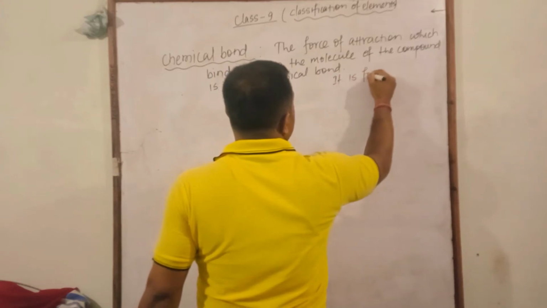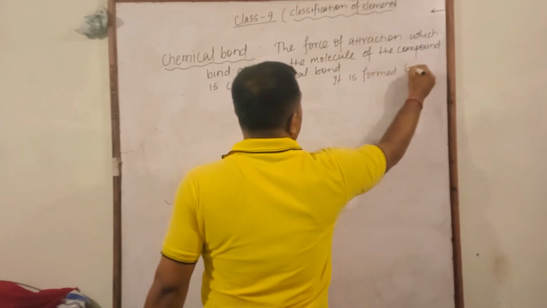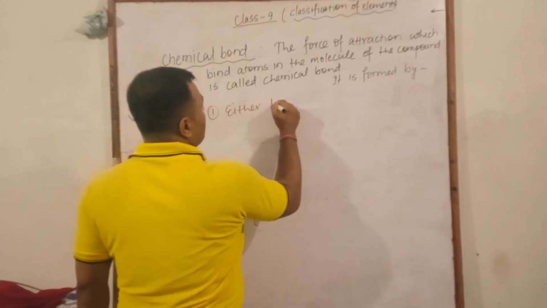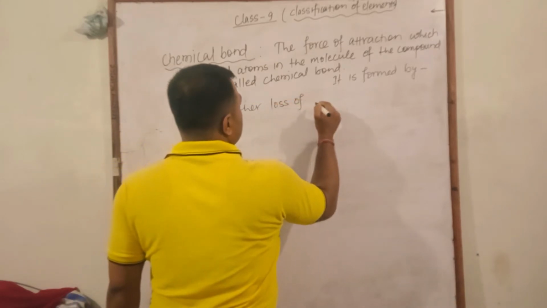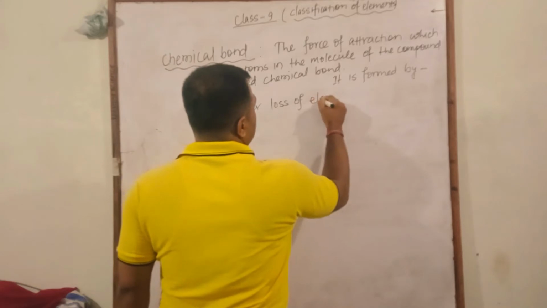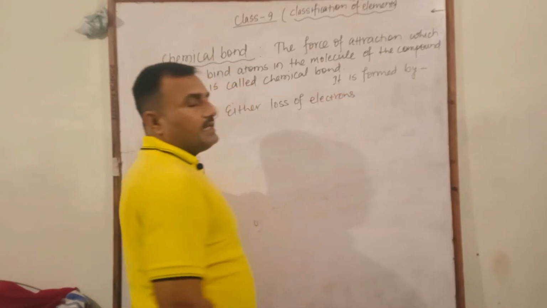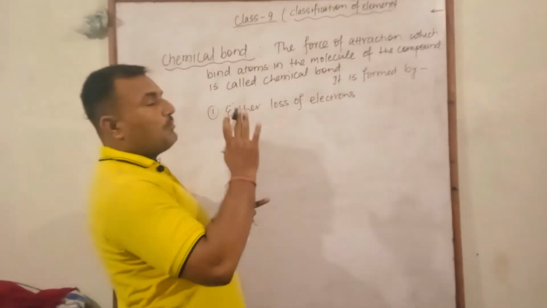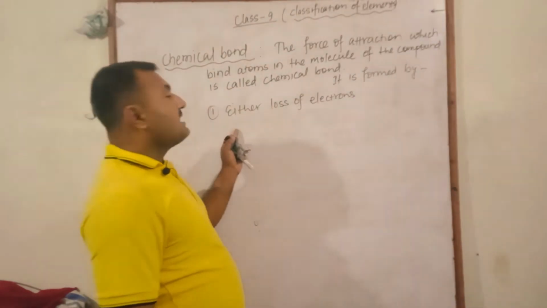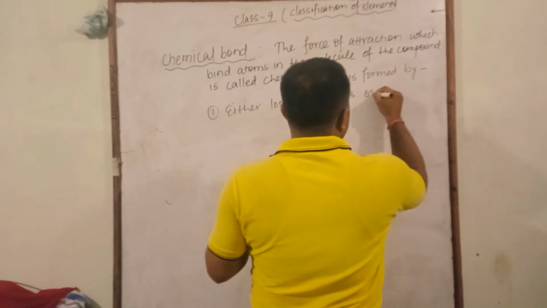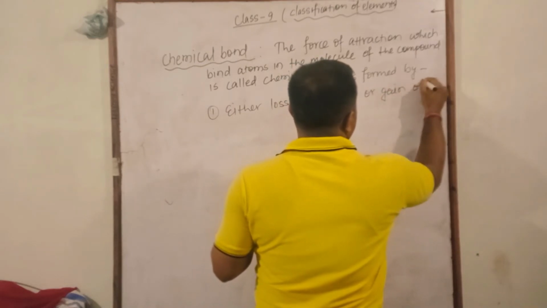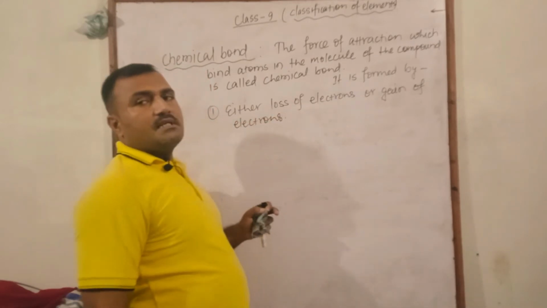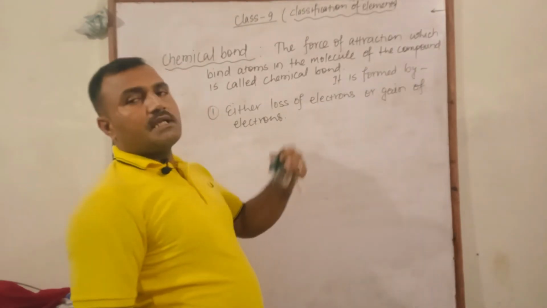The first way is either loss of electrons, when an atom loses electrons or transfers electrons from one atom to another atom, then chemical bond is formed, or gain of electrons. When one atom in a compound loses electrons, then another gains electrons.